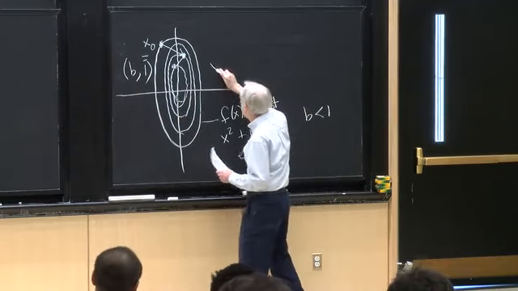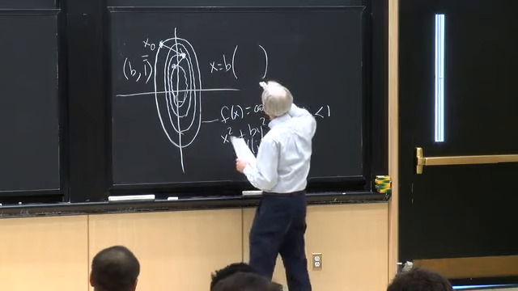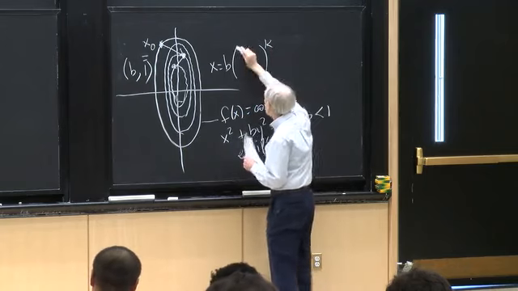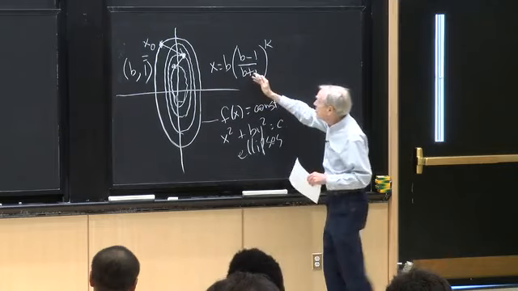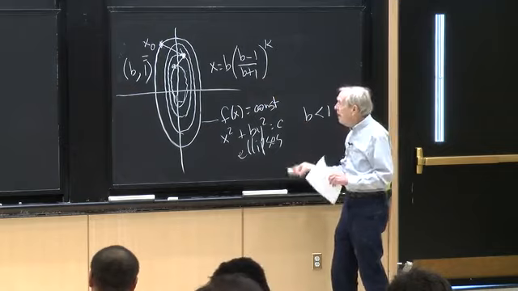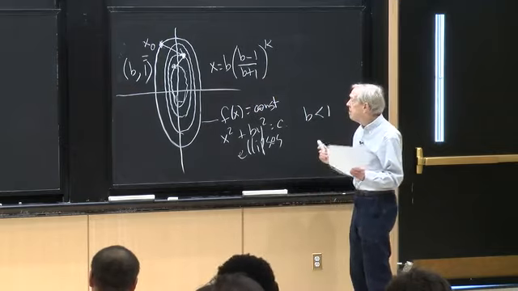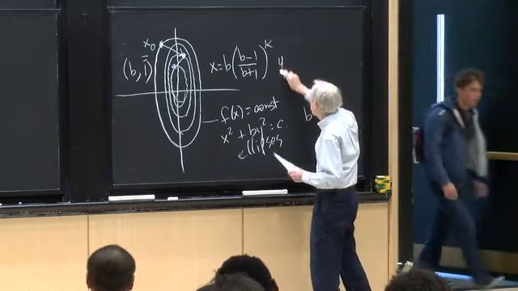Then the x's are the same, b times this quantity to the kth power. And here's that quantity, b minus 1 over b plus 1. So you see for a small b, that's a negative number. So it's flipping sign in the x's as we saw in the picture. At least that part of the picture is correct. The y's don't flip sign.